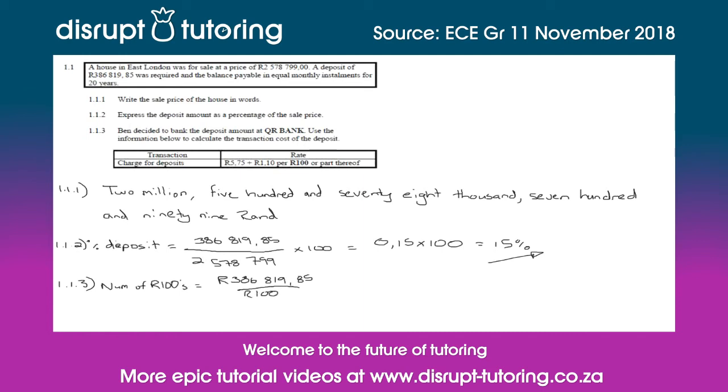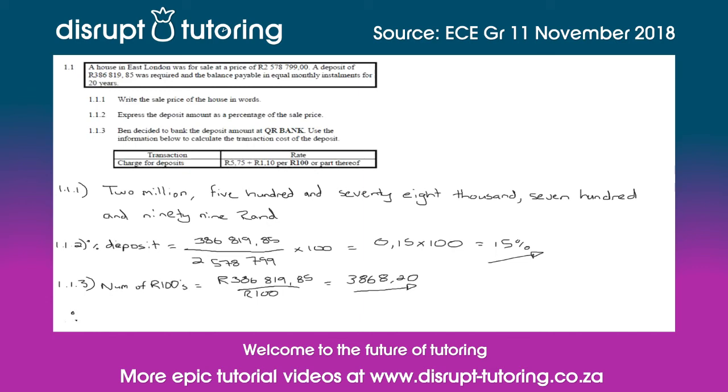So how many hundreds are in this number? So we divide by 100, we get 3,868.2. That's how many 100 Rand notes there are in the deposit.